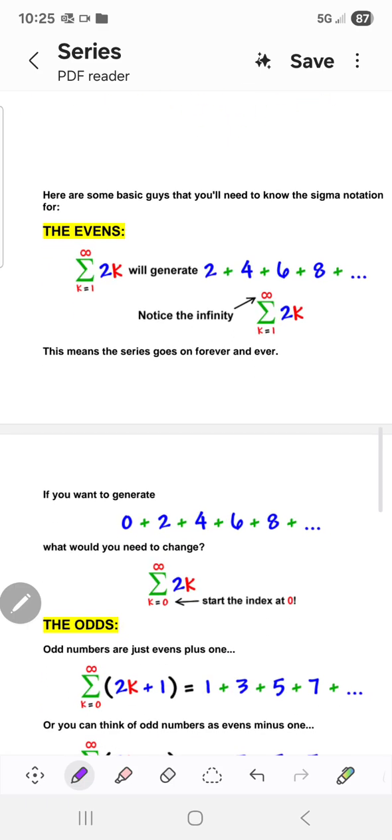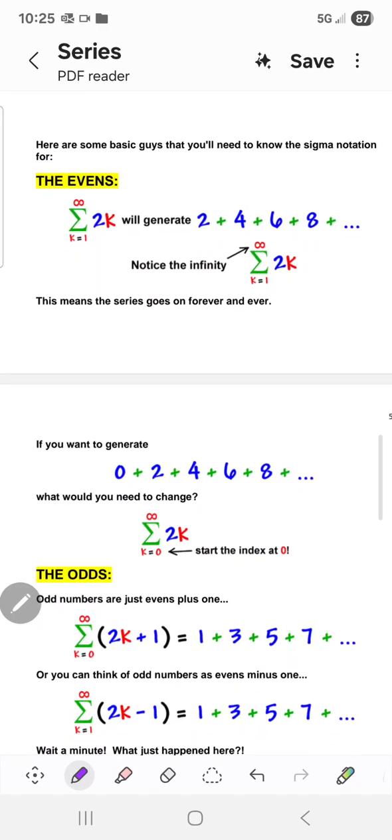Here's where it can get a little weird. Some basic notation for different types of sequences or series. The evens, all the even numbers. Any number multiplied by 2 is even, so it makes sense that I have a 2 times whatever number I am plugging in.